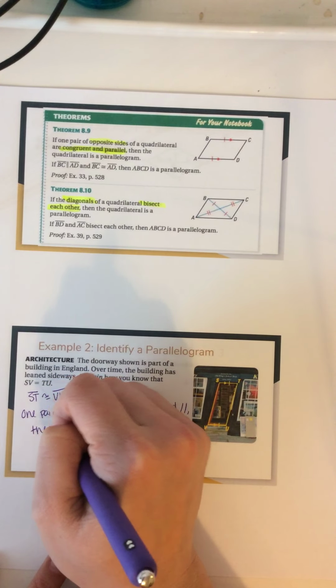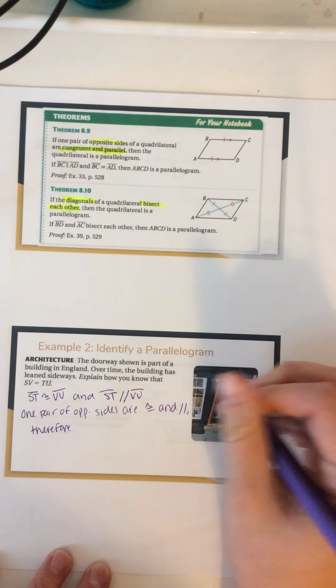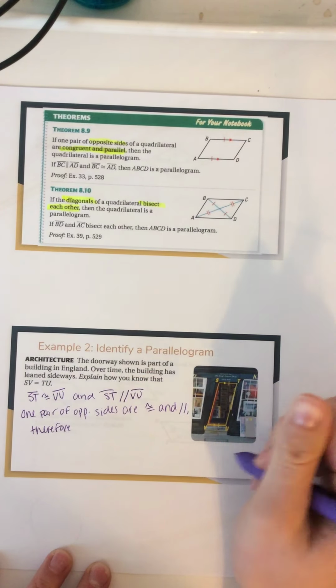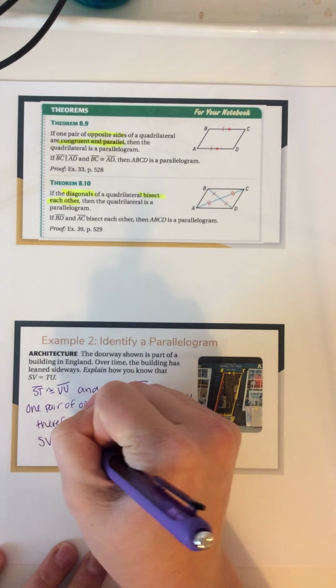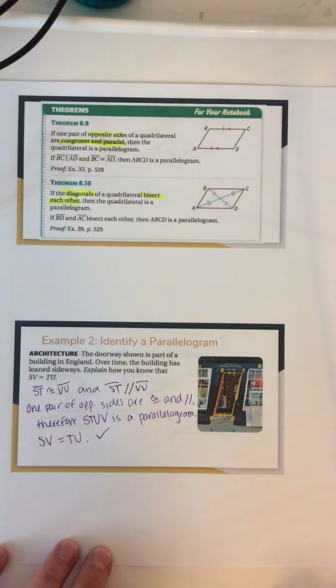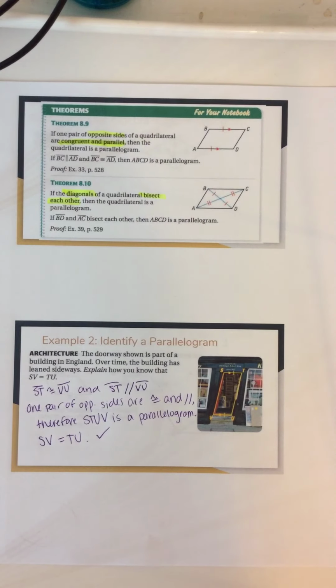Therefore, STUV is a parallelogram, which then we conclude saying, well, since it's a parallelogram, we know opposite sides are congruent, so SV would equal TU, because we know opposite sides of a parallelogram are congruent.